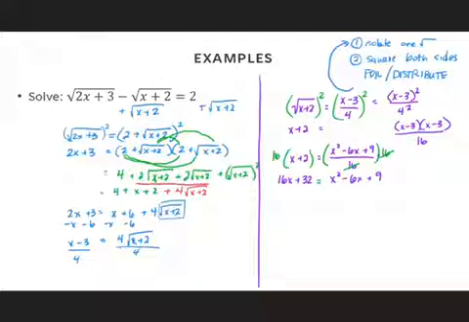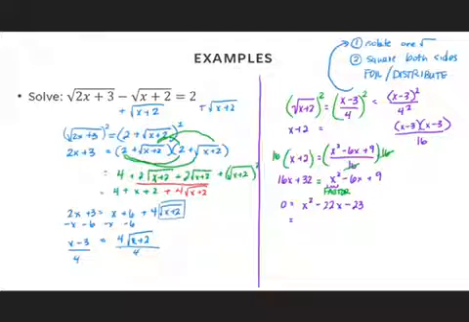Now, I do have multiple x terms, and one of them is squared, which means I've got to factor. And in order to factor, everything has to equal 0. So 0 is x squared. If I subtract 16x from both sides, gives me a minus 22x. Subtract 32 from both sides, and that gives me a minus 23.